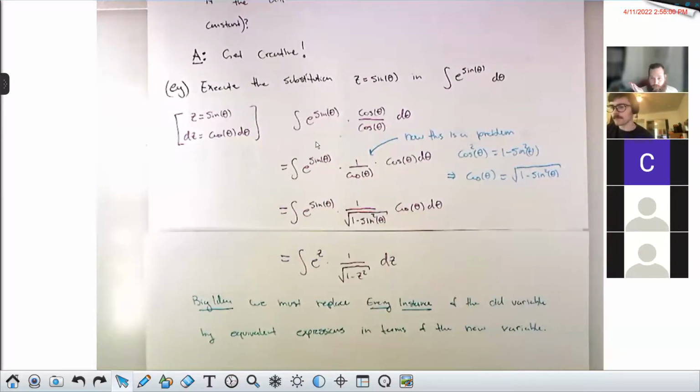So I had a 1 over cosine theta. I was able to rewrite that cosine theta in terms of sine. And since I'm subbing z equals sine theta, that allows me to rewrite this piece as this piece. And now I have a properly executed substitution.